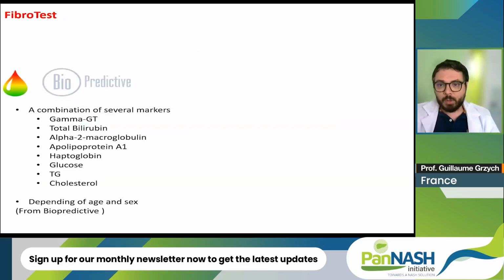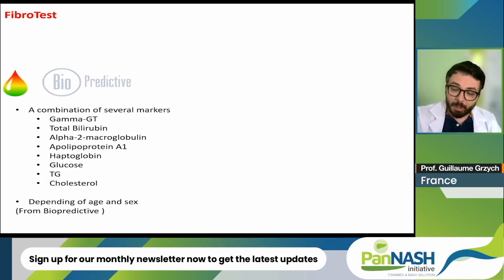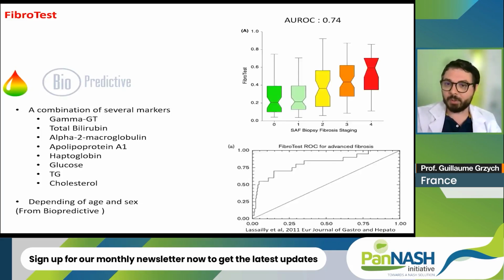We could also use the FibroTest. It is a test developed by the company Biopredictive with the same markers as previously described. I gave you the list of the entire components in part 2 of this series of videos. They are combined with a secret algorithm, and you have to pay to get the result.